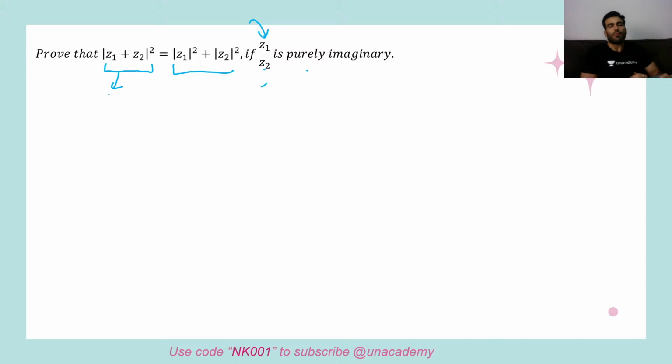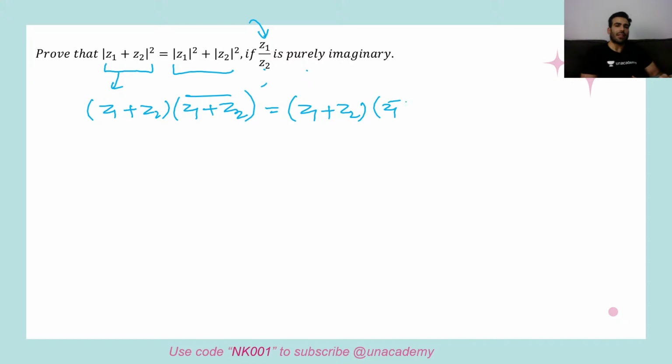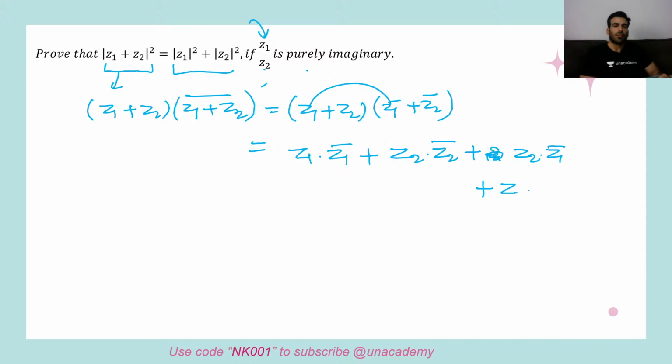So this mod square is written as the multiplication of two conjugate numbers, right? So I can rewrite this like this. Let's multiply z1 into z1 bar plus z2 into z2 bar plus z2 into z1 bar plus z1 into z2 bar.